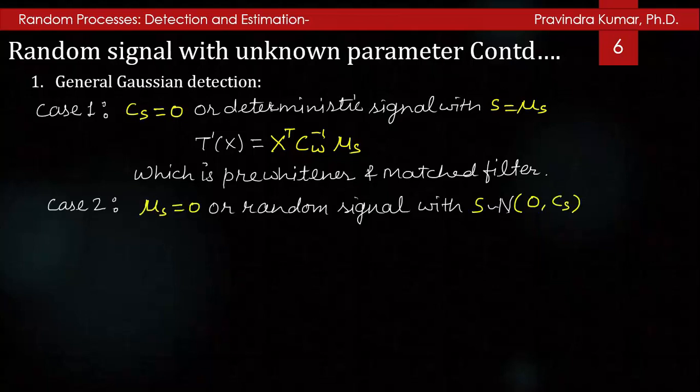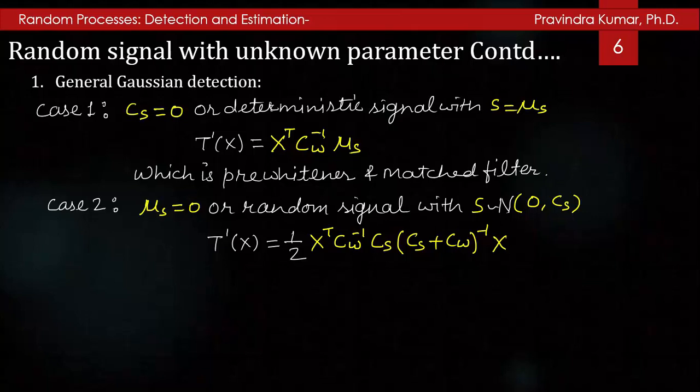Case second: when the mean value of the signal mu s is 0, or a random signal with normal distribution with mean 0 and covariance matrix Cs, then the test statistic T'(x) will be equal to 1 by 2 x transpose inverse of the matrix C omega Cs and inverse of the matrix (Cs plus C omega) into x.